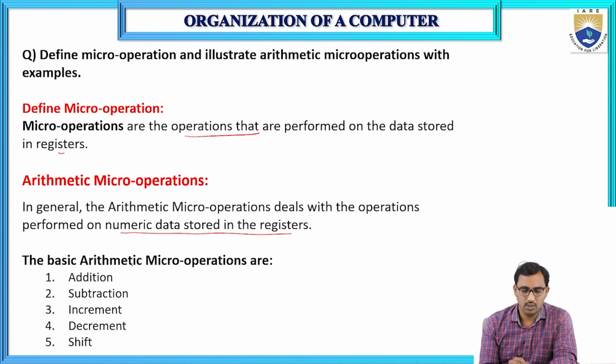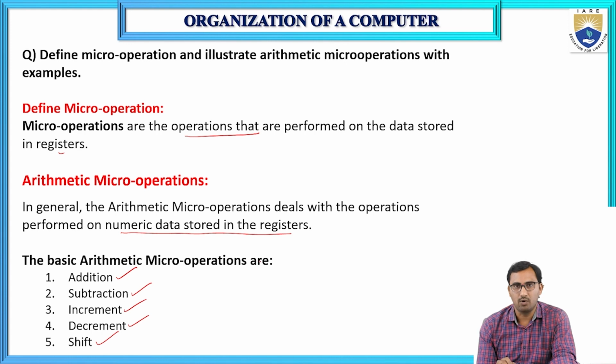We have some arithmetic operations that are addition, subtraction, increment, decrement, and shift. So these are the basic arithmetic micro operations. In addition to these, we can also have some other arithmetic micro operations that are addition with carry, subtraction with borrow, transfer, or load.